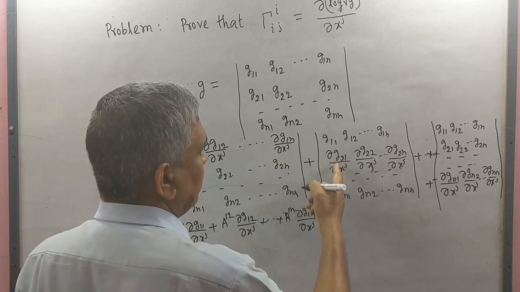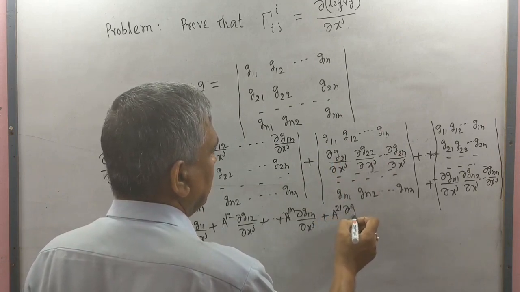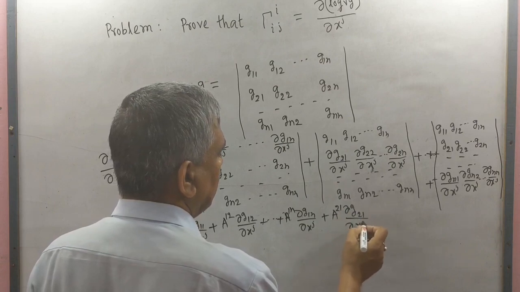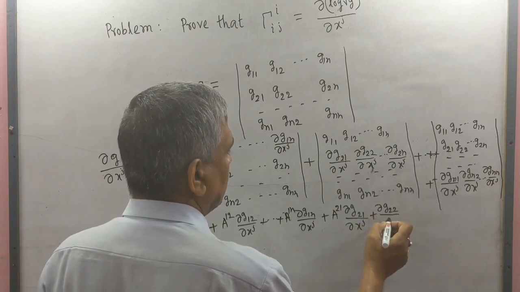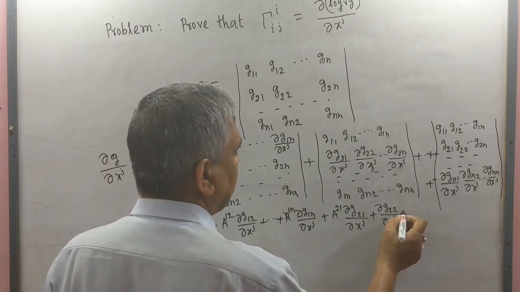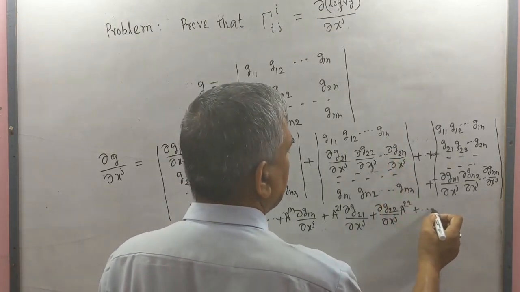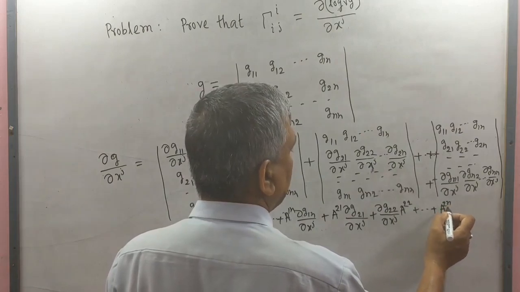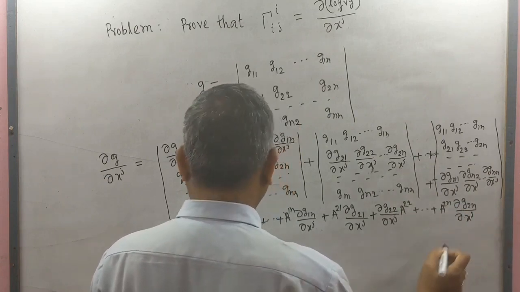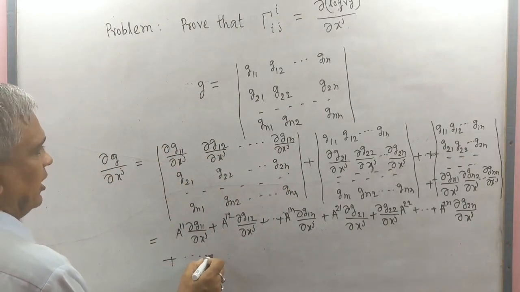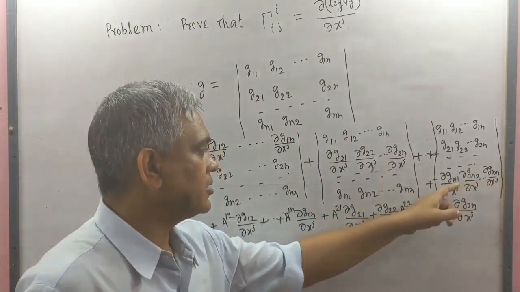In the second row we get the cofactor A21 del g21 by del xj plus del g22 by del xj into cofactor A22, plus dot dot dot, we get A2n, the cofactor of this place, del g2n by del xj, and we get other determinants.